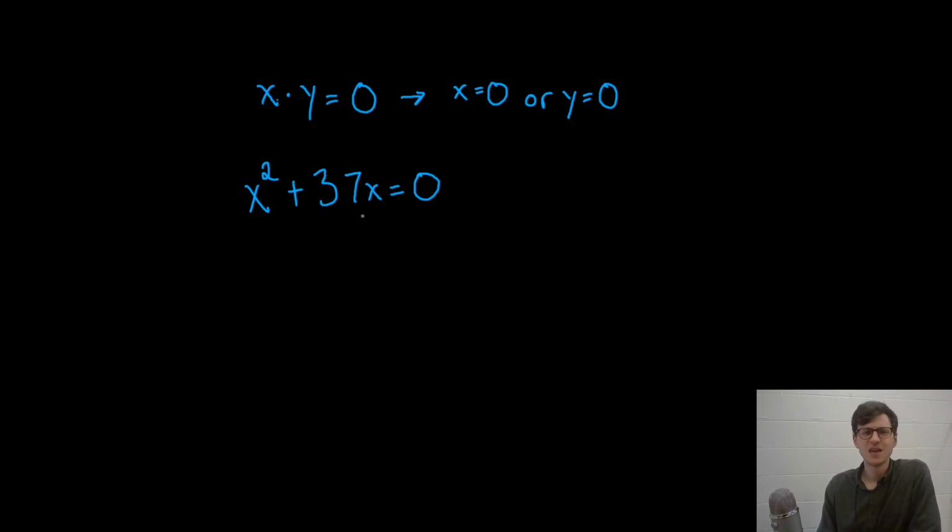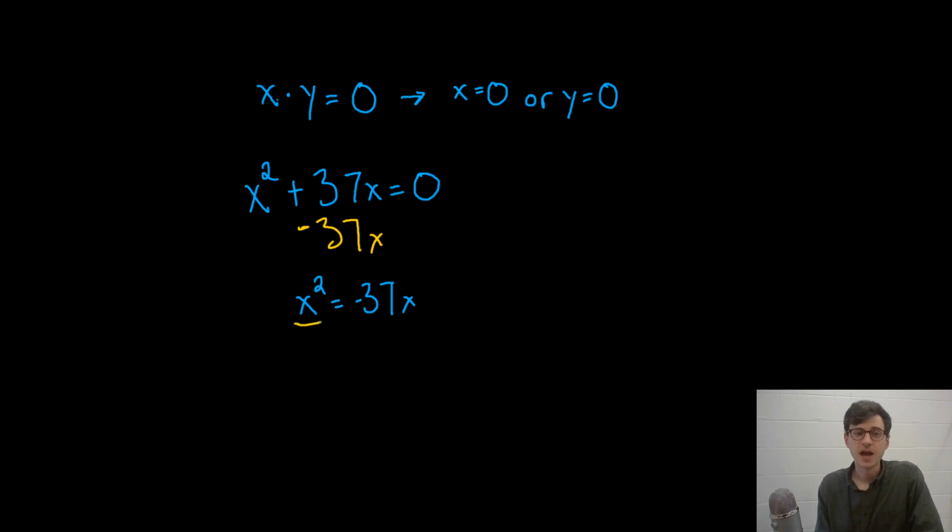Some of you might say, oh, well, I just need to subtract 37x from both sides and try to find the square root. That's tricky. Okay, and you might say I need to subtract 37x from both sides and get x squared equals negative 37x. Divide by x, and so x equals negative 37.